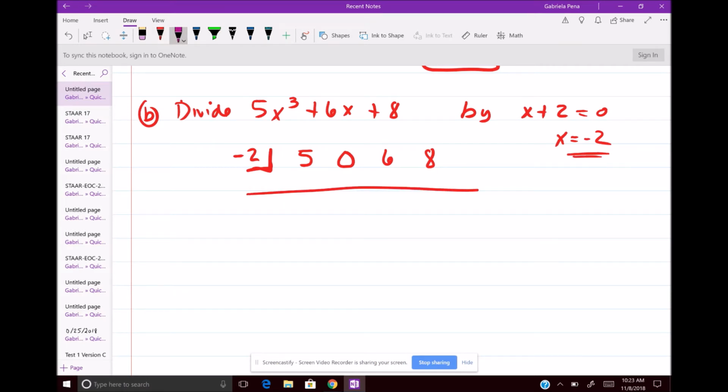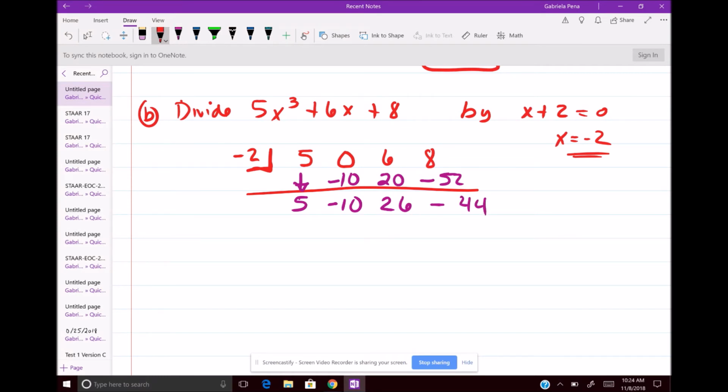So what is the first thing I do? Bring down the 5, and then that becomes -10. This becomes 20. This becomes 26, -52, and 44, yes.